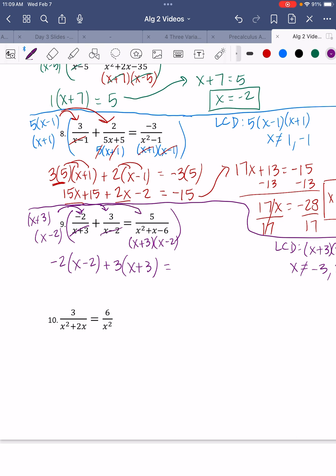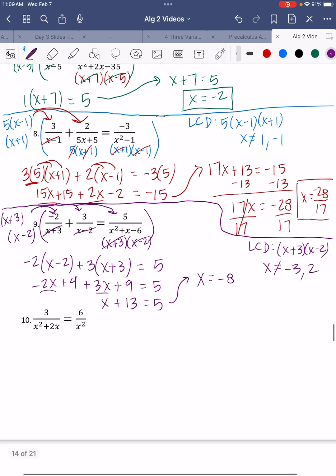In the final fraction, both binomials cancel, so 5 is left alone. And then we get to distribute and combine like terms. Looks like I'm getting x plus 13 equals 5. Subtract that 13, so x is going to equal -8. And I'll double check it is not a restricted value, so it is a valid solution.